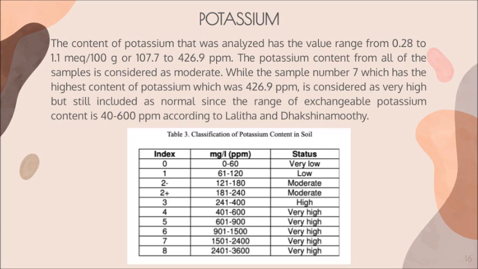It is still considered normal from the literature, in which the content of exchangeable potassium in soil should be 40 to 600 parts per million, but it is considered high from the attached table, in which potassium content is considered high, very high in fact, when it ranges from 401 to 600, compared to the other soils.